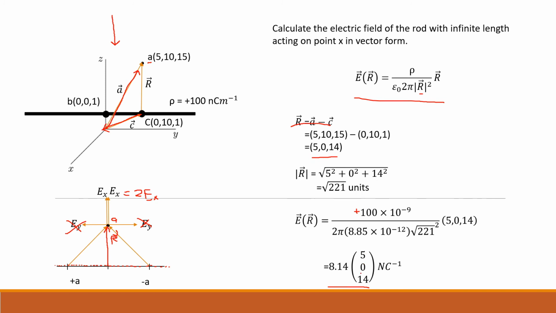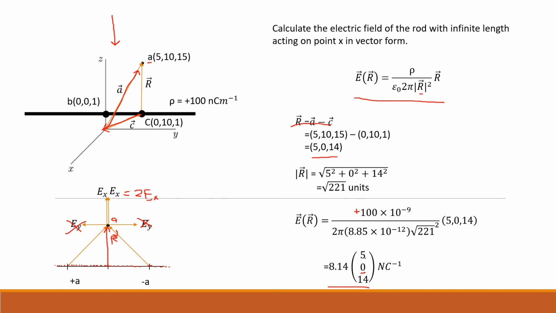As you can see here, y is 0, and indeed, as I said just now, the y components are cancelled because they have equal length on the opposite side, and hence cancel out.